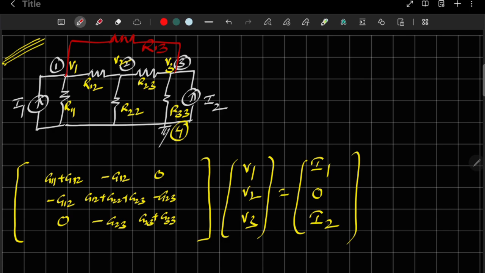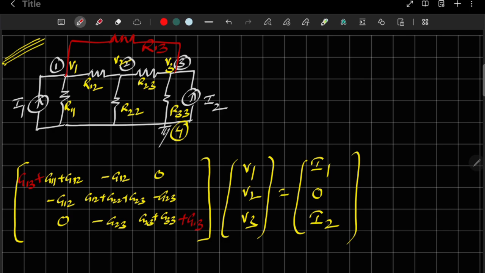And this R13 is directly connected to node 1, so the first diagonal element is G13 plus G11 plus G12. But this R13 is also directly connected to node 3, so the third diagonal element will also be affected. Previously we had G23 plus G33. Now in addition to this we will get G13 also.